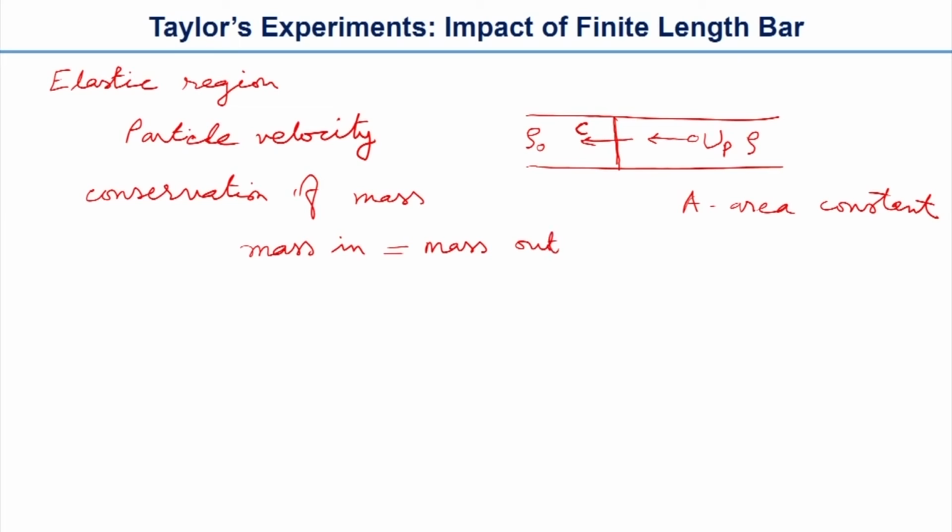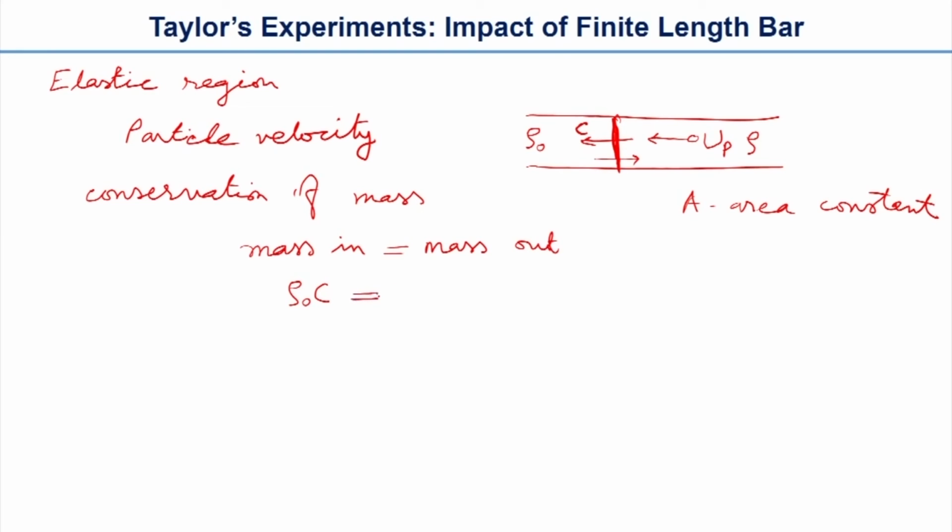The mass going from the left side of this interface to the right is rho naught c, because the interface is moving towards the left at a velocity c.